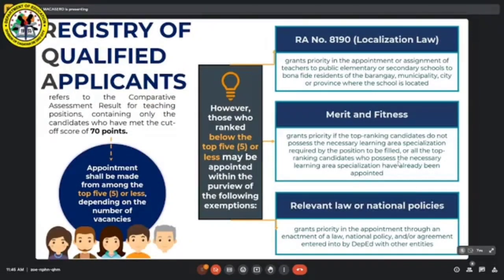We advise considering where you reside, in line with the localization law, as your merit and fitness were reviewed by the previous discussants, as well as the relevant laws and national policies.